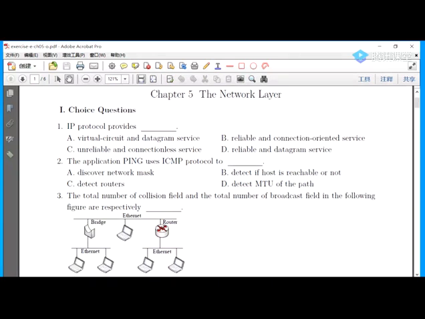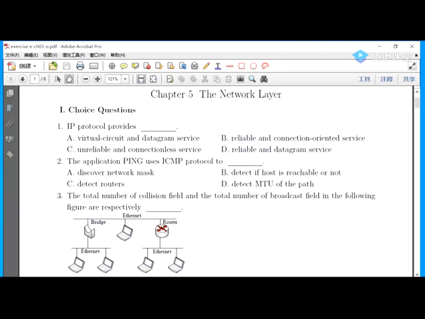Question 1. IP protocol provides: A, B, C, or D? A. Virtual circuit and datagram service. B. Reliable and connection-oriented service.